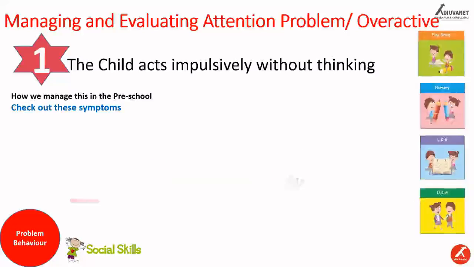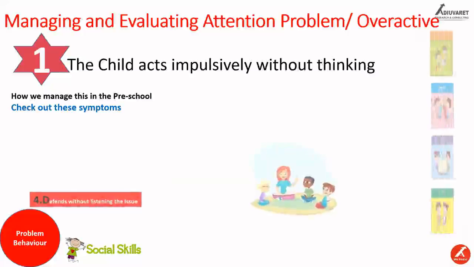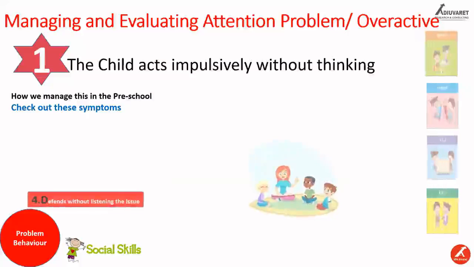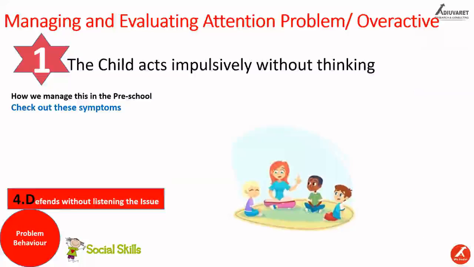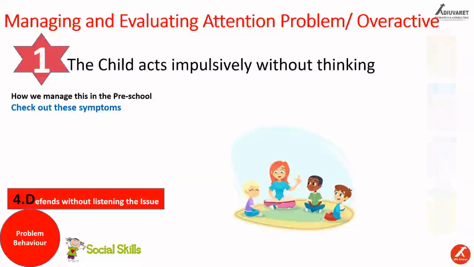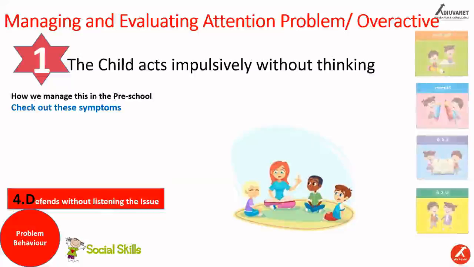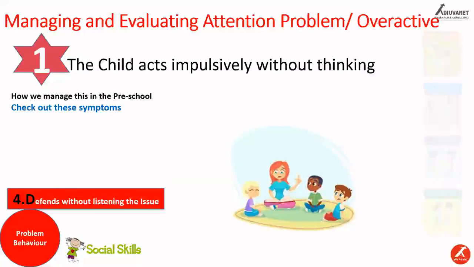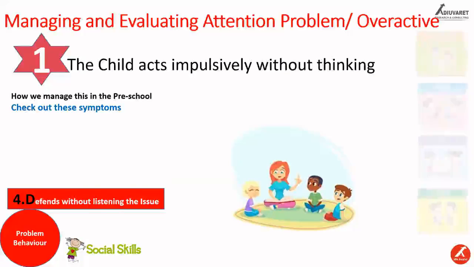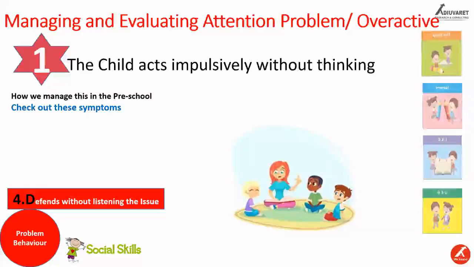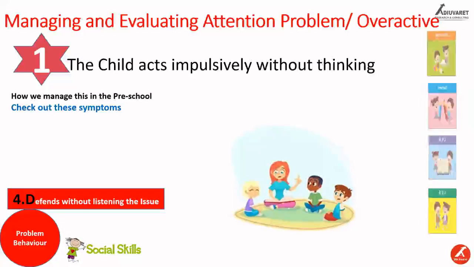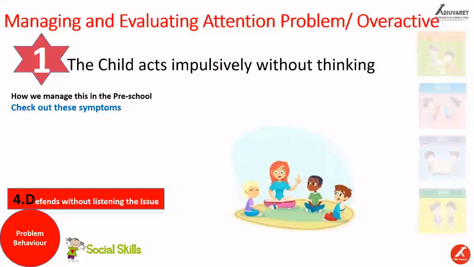Then moving to the fourth D, which is the last D, and this talks about defense without listening to the issue. Sometimes we see children who, without letting others finish, basically the seniors, either a teacher or the parents, without listening to them properly, without letting them finish completely what they're trying to say, simply jump in and try to tell something which may be completely unrelated to the issue being discussed.